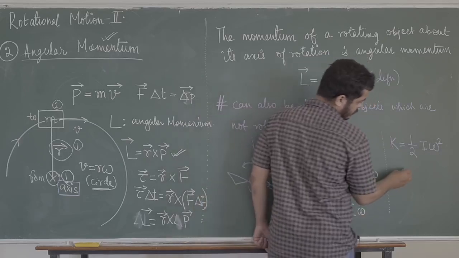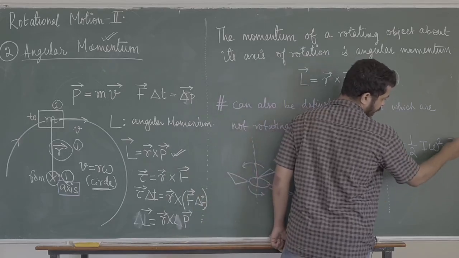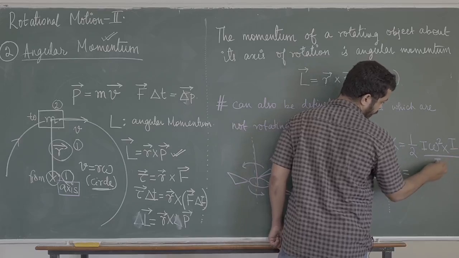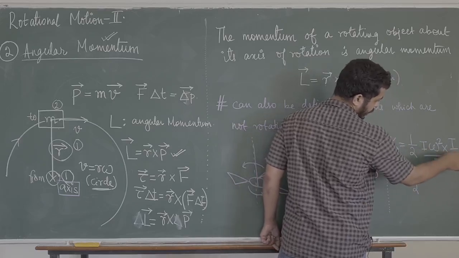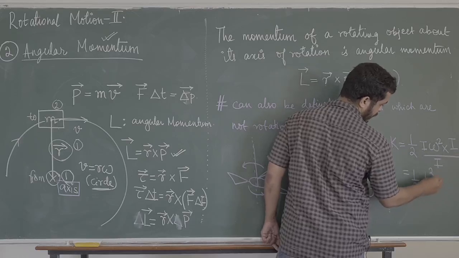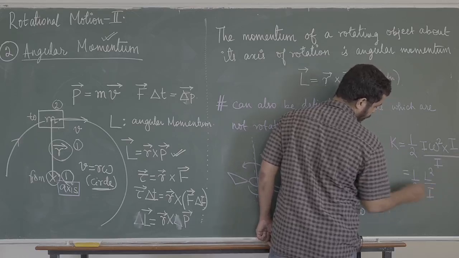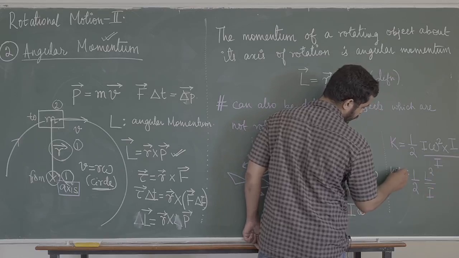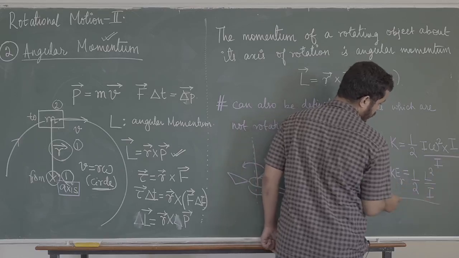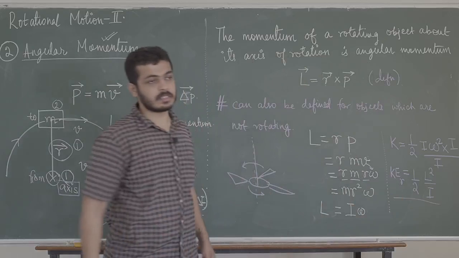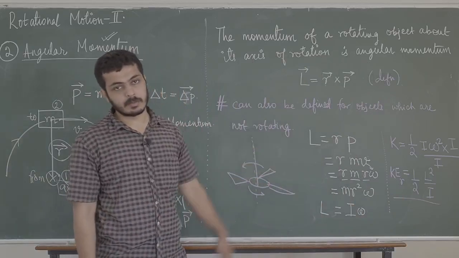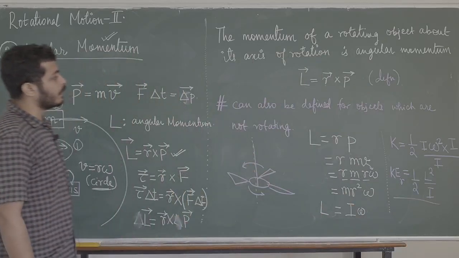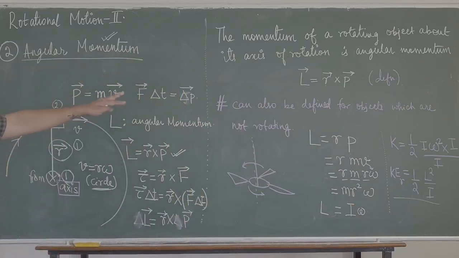L. So you can multiply by I and divide by I, and you will write half I square omega square over I, which is L square by I. So kinetic energy of rotation is equal to half L square by I. You must have studied p square by 2m, same thing. So L square divided by 2I. This is everything about angular momentum. This is the entire idea of defining angular momentum.